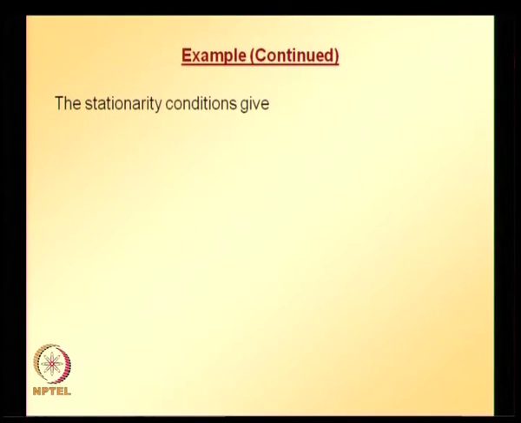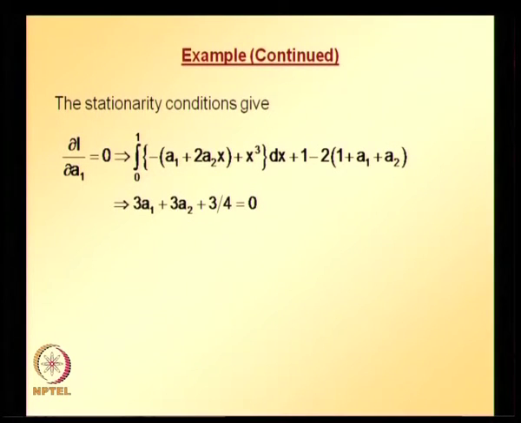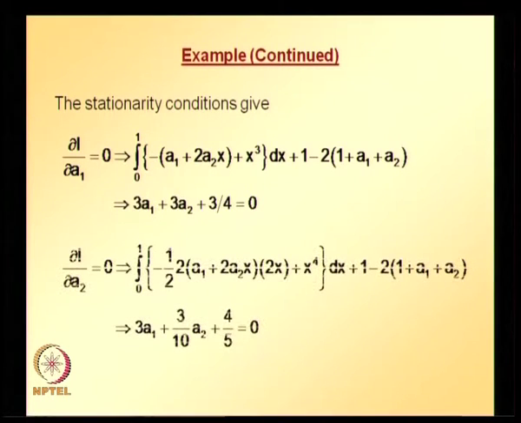These are the stationarity conditions. Apply the first condition, partial derivative of I with respect to a 1 is equal to 0, you get the first equation, and apply the second condition, partial derivative of I with respect to a 2 is equal to 0, you get the second equation. You have two equations and two unknowns a 1 and a 2, so you can solve for these two unknowns.